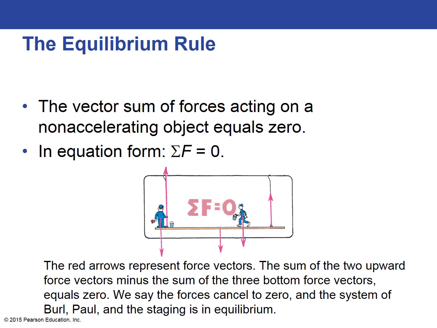So if I choose the force on the rope as positive in the up direction, then the sum of the tensions of the ropes is the sum of two positive numbers, and if I now subtract the downward forces, which is the weight of the two painters plus the weight of the plank, then that difference, the sum of the two upward forces of the rope minus the sum of the three downward forces due to gravity, must add up to zero.